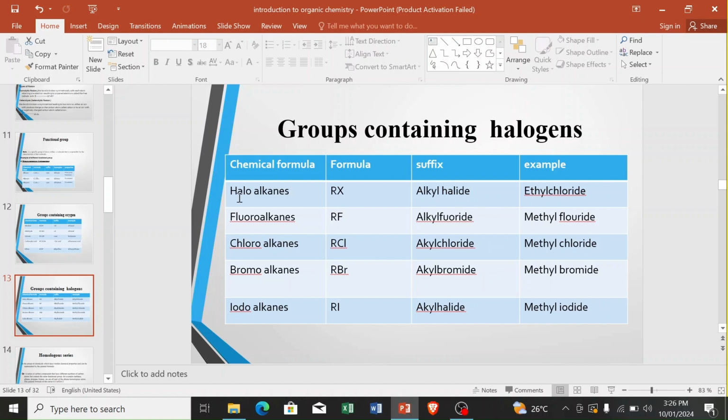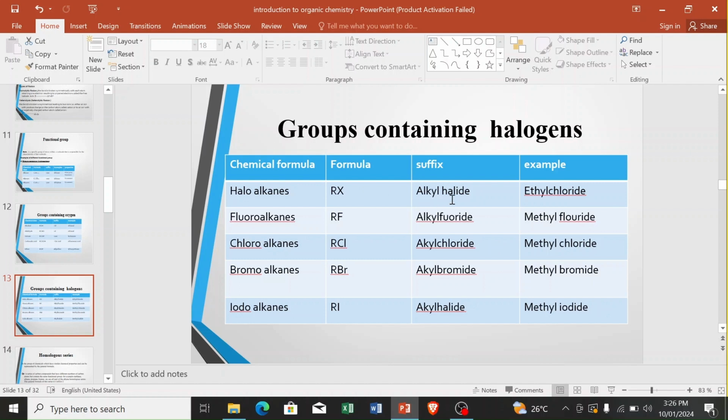So we see that haloalkanes are all these that we have listed, where they have carbon and hydrogen plus a halogen component in them. We have RX, R representing a number of carbon and hydrogen atoms that are not stated.